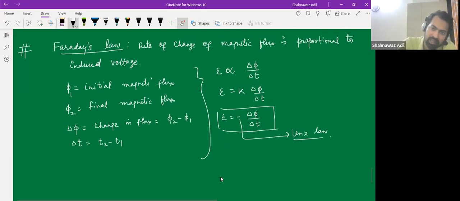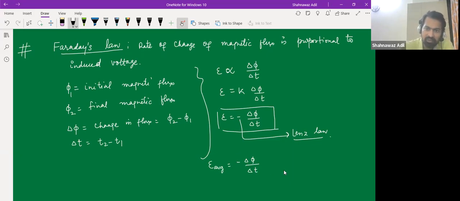What is this delta phi by delta t? When we write a delta, this gives us the average. So E average is minus delta phi by delta t.